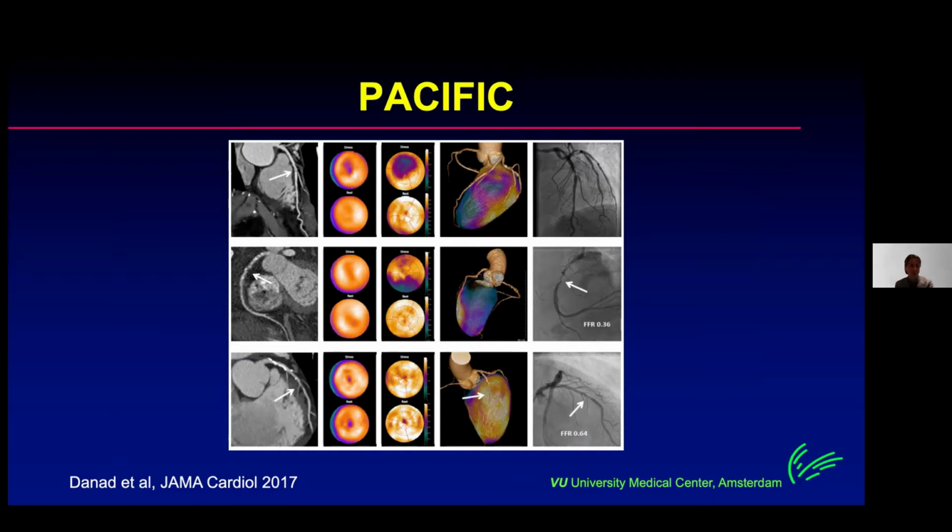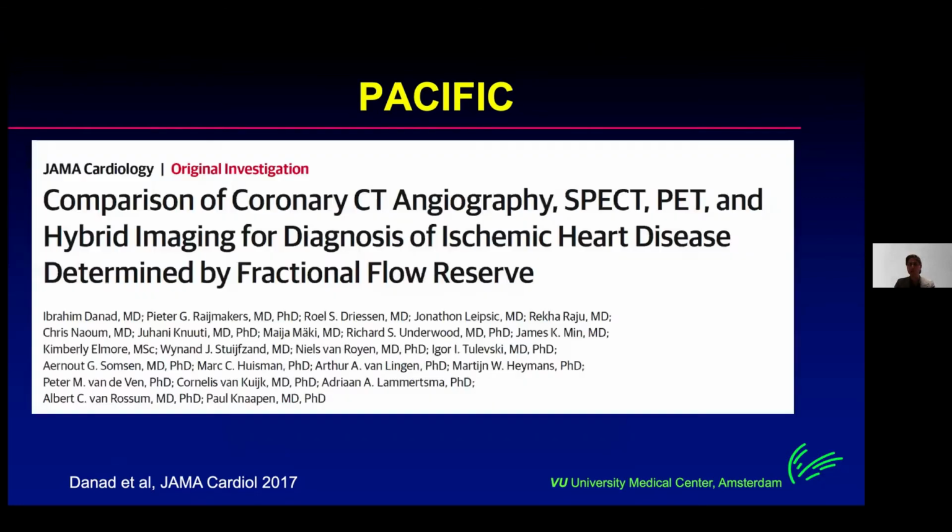Or you could have mismatches, or concordant, discordant. It didn't really matter, but we tried to choose what was the diagnostic yield, because we know the diagnostic yield of invasive coronary angiography in undetected patients is only about 30% for obstructive coronary disease.